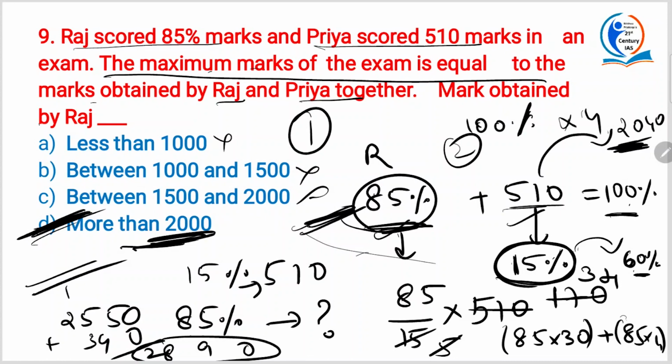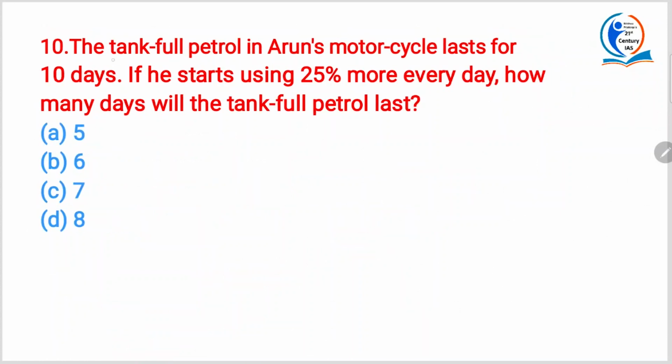All right, now the tank full petrol in Arun's motorcycle lasts for 10 days. If he starts using 25% more every day, how many days will the full tank petrol last? So per day, if Arun is using X amount of petrol and it is lasting for 10 days, the amount of petrol is same, no?